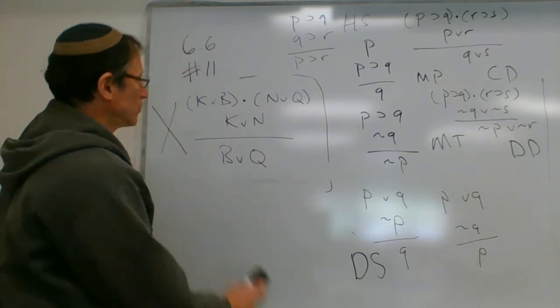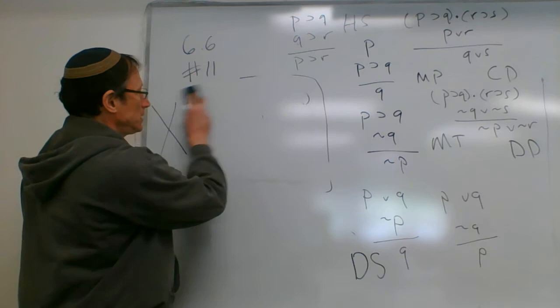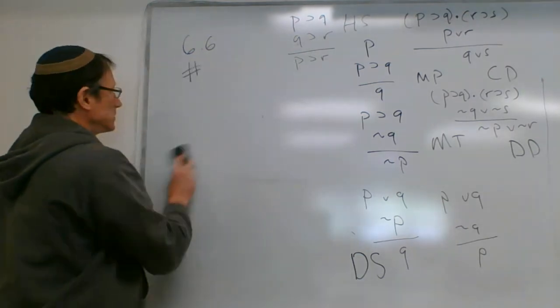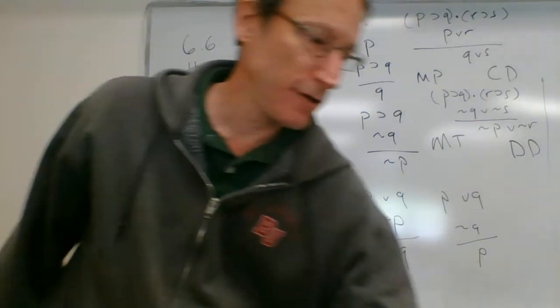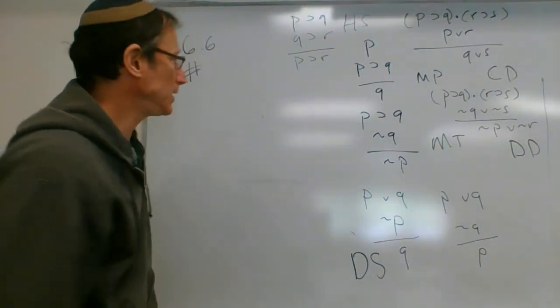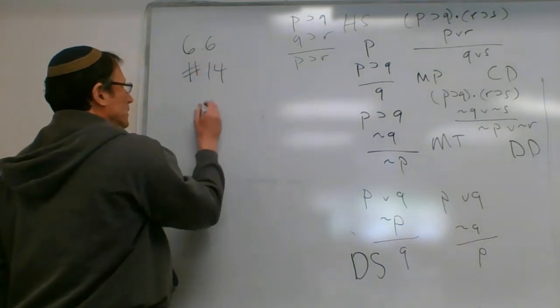Okay, we're going to do one more from this section, number 14. Let's see what number 14 has to offer. B dot T, T, therefore not B. This is number 14.